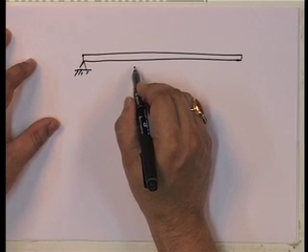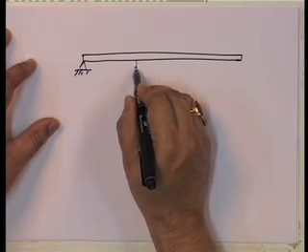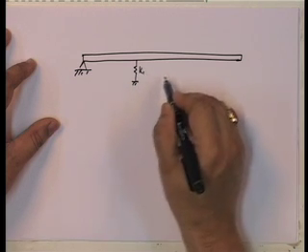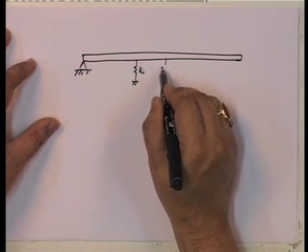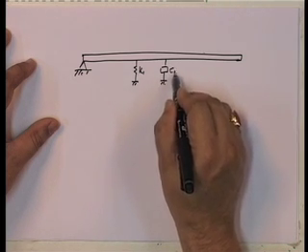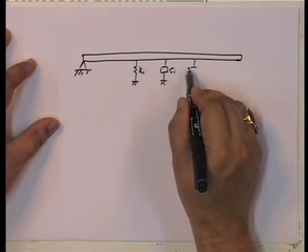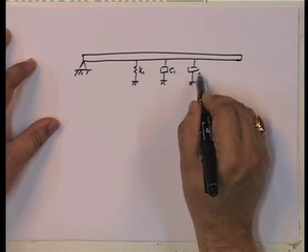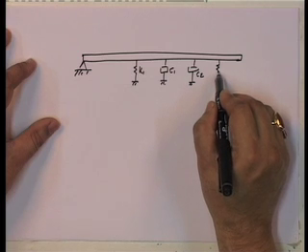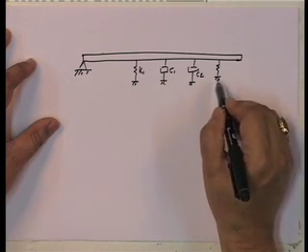And I will call this K 1, this will be C 1, call this C 2, call this K 2.